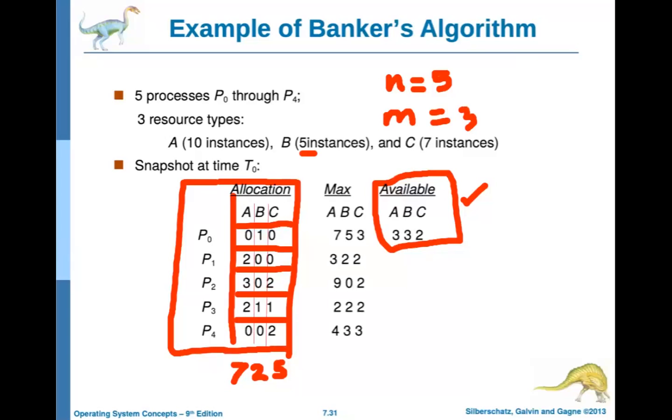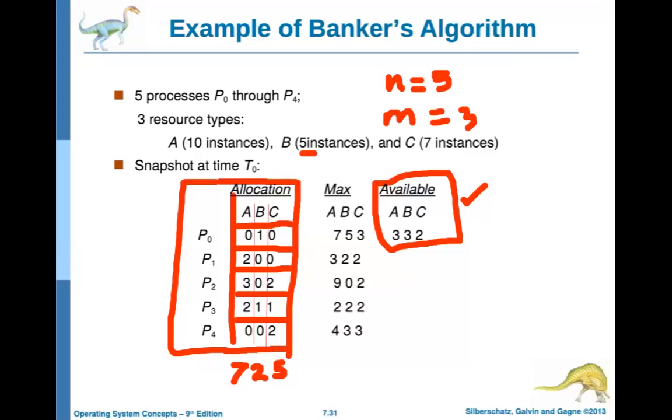So P0, how to read this is very simple. For process P0, currently the allocation is 0 for resource type A, 1 for resource type B, and 0 for resource type C. Okay. Same is the case for P1, P2, P3, P4.